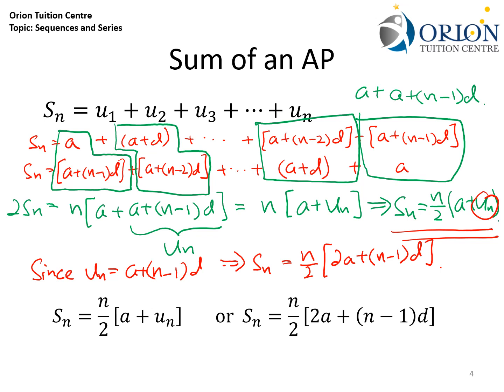In Sn, you can think of the n here as the number of terms that are being summed, which is different from the definition of n in un, which we have learned earlier, where n is the position of the term in the sequence. Also, given Sn, we can find un by subtracting Sn minus 1 from Sn.